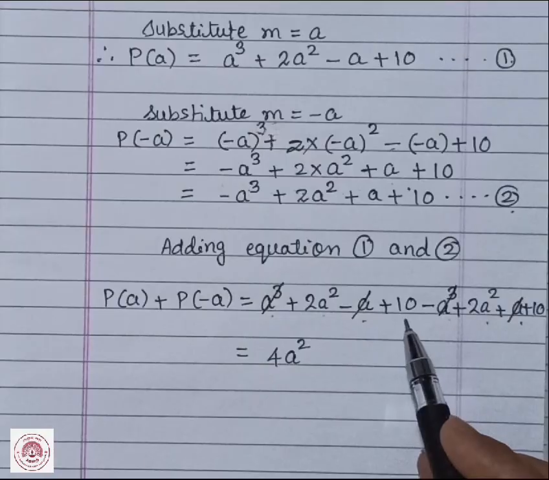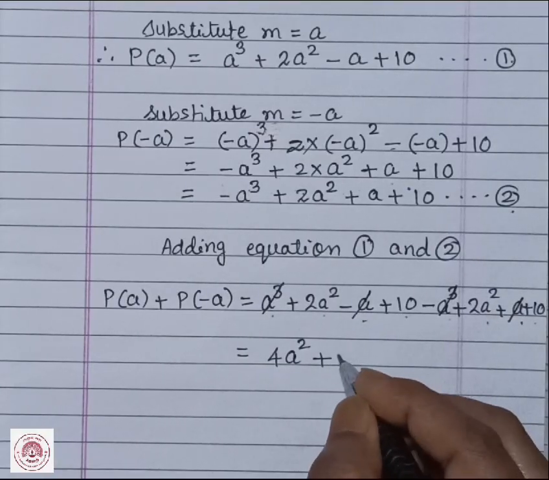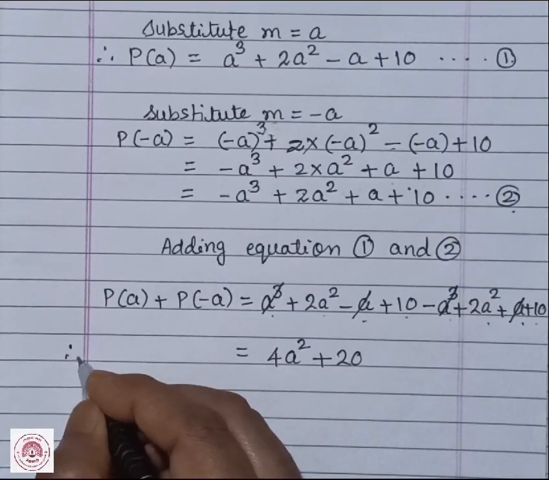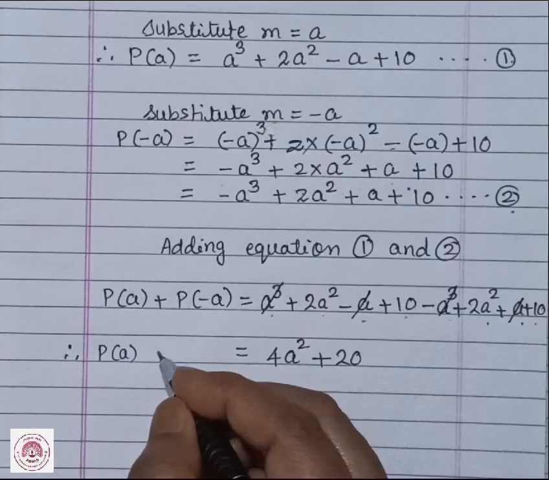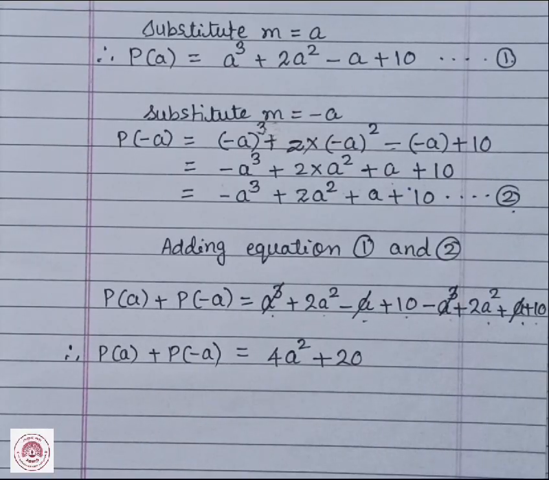Then we have plus 10 plus 10, which is plus 20. So therefore P of a plus P of negative a is equal to 4a square plus 20.